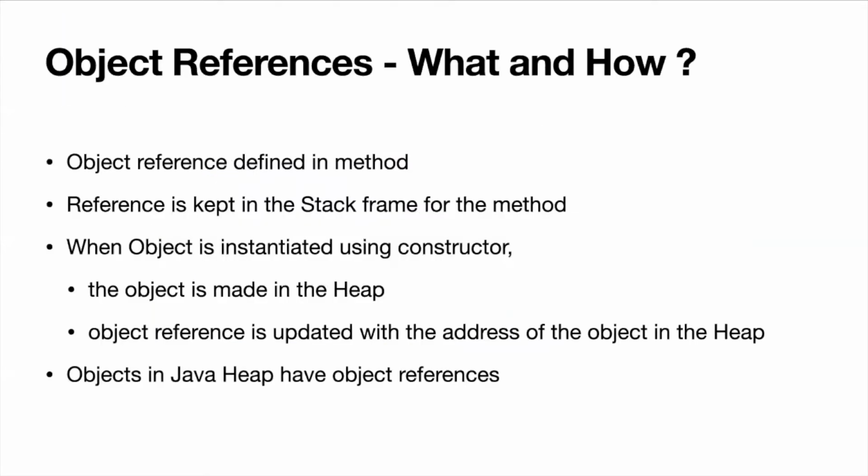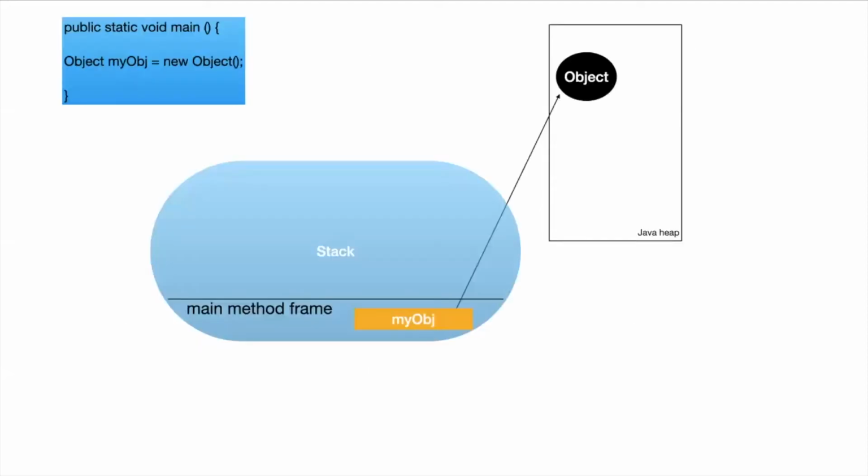Here I've put this in a few bullet points. The reference is kept in the stack frame for the method. When the object is instantiated using the constructor, the object is kept in the heap, and the reference is updated with the address of the object that is in the heap. So then you have your reference which points to the object.